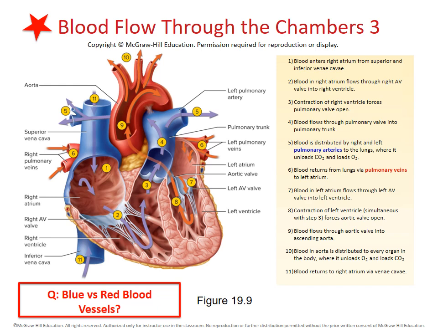From the right ventricle, we will pass to number 3, which is the pulmonary semilunar valve, which will bring us over to the pulmonary trunk, and it will divide into the pulmonary arteries. The pulmonary arteries will carry blood away from the heart over to the lungs. So we're going to drop off the carbon dioxide and pick up the oxygen.